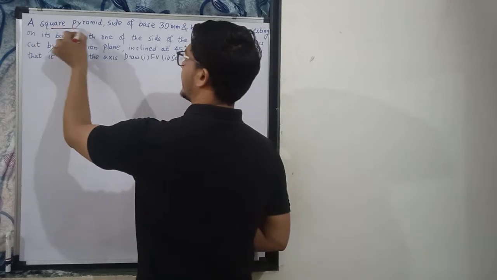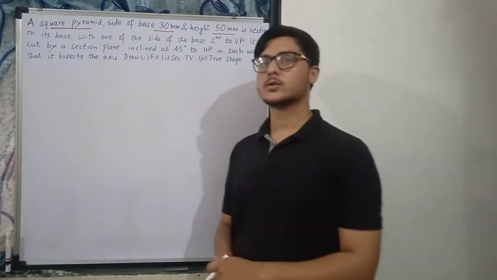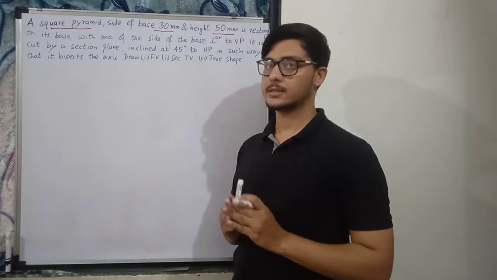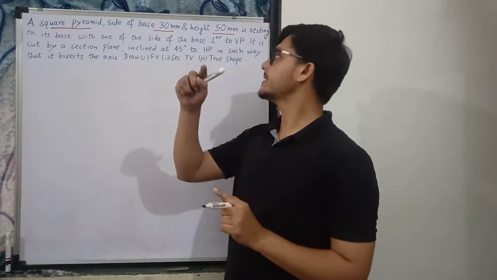A square pyramid, side of base 30 mm, height 50 mm. So the given solid is a square pyramid, side is 30, all four sides will be 30, height is 50 mm.